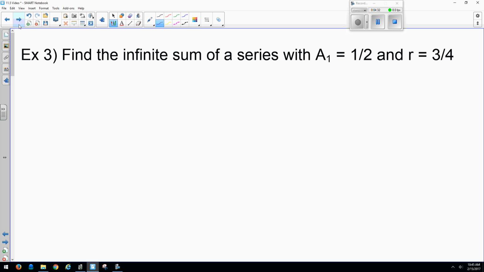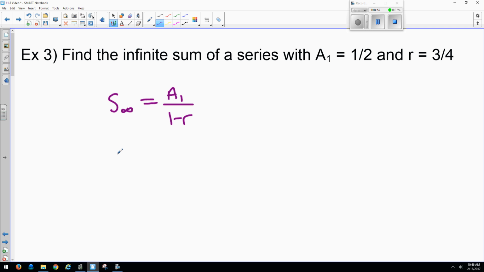We want to find the infinite sum of this series with the first term being 1/2 and the ratio being 3/4. I'm going to use the formula we just saw in the previous slide. The infinite sum of this series is equal to the first term over 1 minus your common ratio.